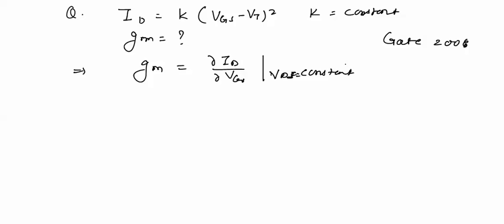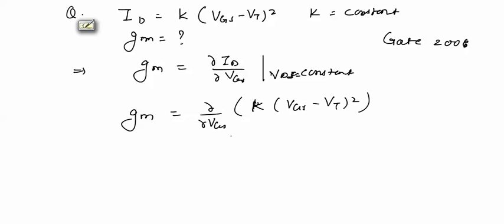So now we can calculate this transconductance gm as del by del VGS of K into (VGS minus VT) whole square. Differentiating this, we get 2K into (VGS minus VT). So this would be the transconductance of a MOSFET when it is operating in saturation.